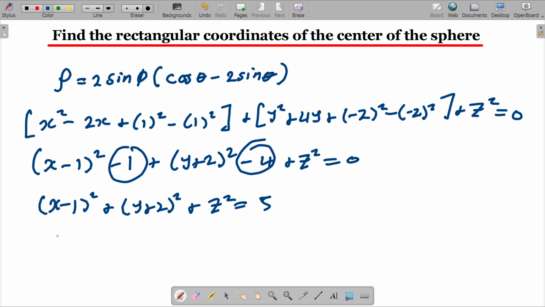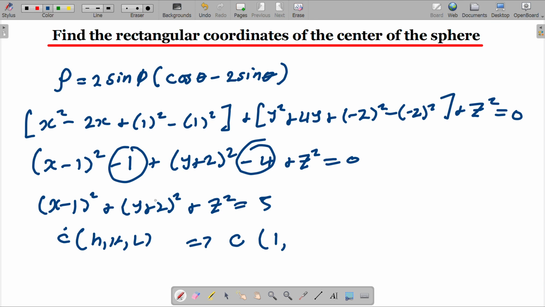So our center, remember, is simply h, comma, k, comma, let me use L for the z part there. In this case, we are going to have our center with these coordinates. The h is positive 1.